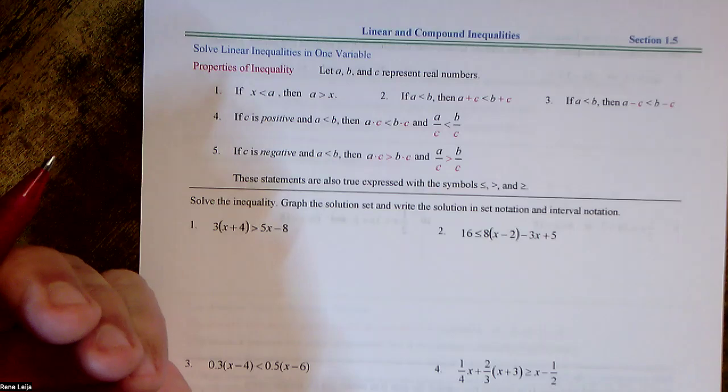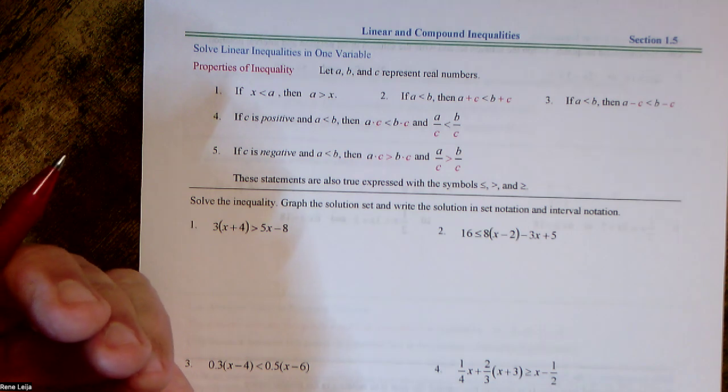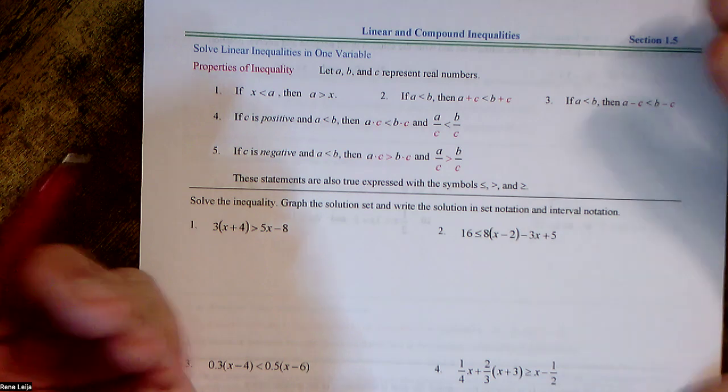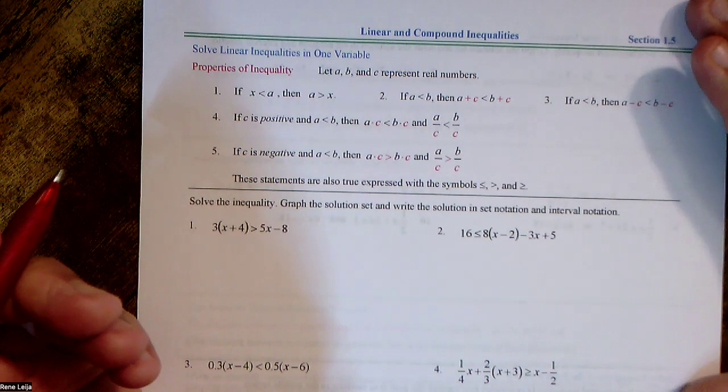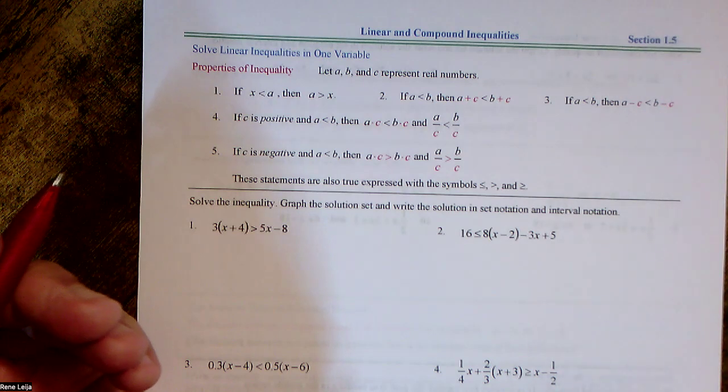So if you multiply by a positive number on one side, you multiply by the positive number on the other. If you divide by a positive on one side, then you divide it on the other. If the value that you either multiply or divide is negative, then you have to flip the direction of the inequality.